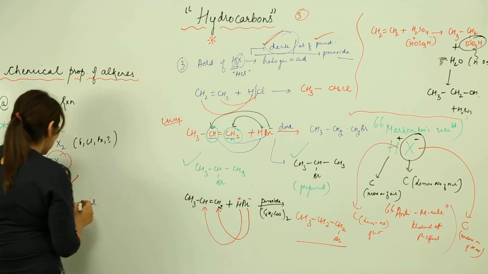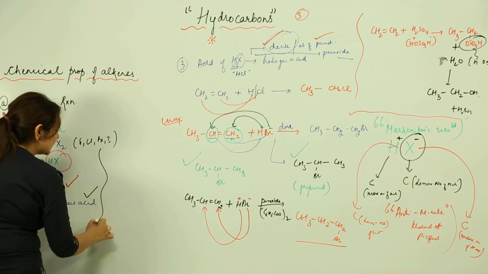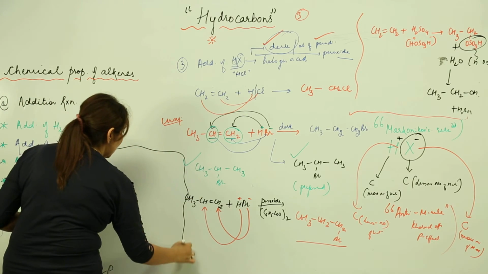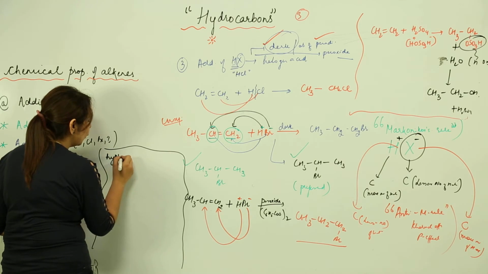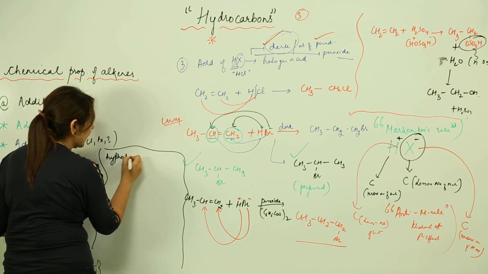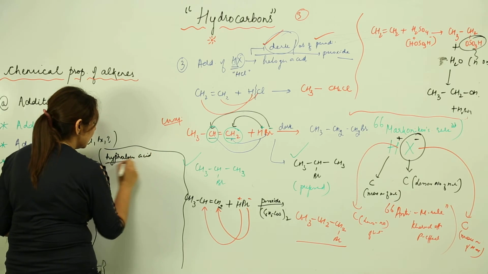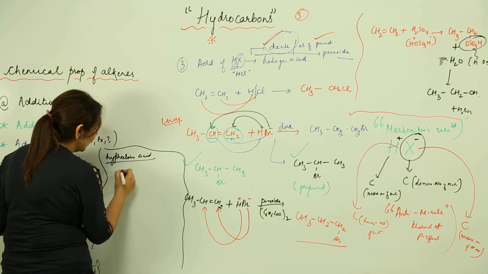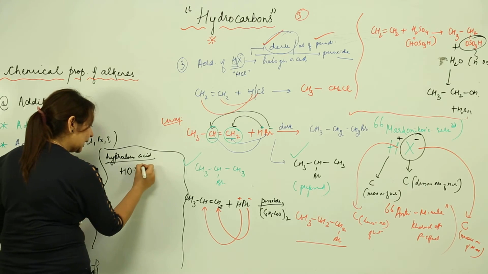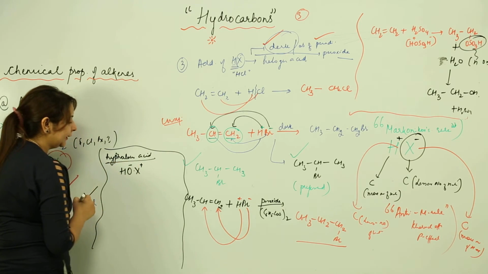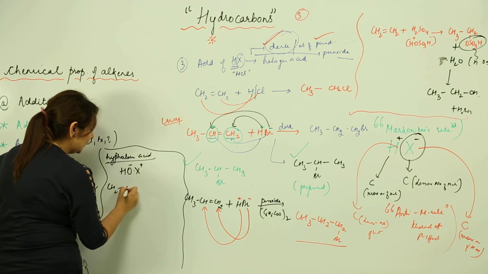Next we have addition of hypohalous acid. First of all you should know what hypohalous acid is. It is an acid in which there is an OH group and a halogen. The OH acts as a positive part and the halogen acts as a negative part. So to an alkene you are going to add it.